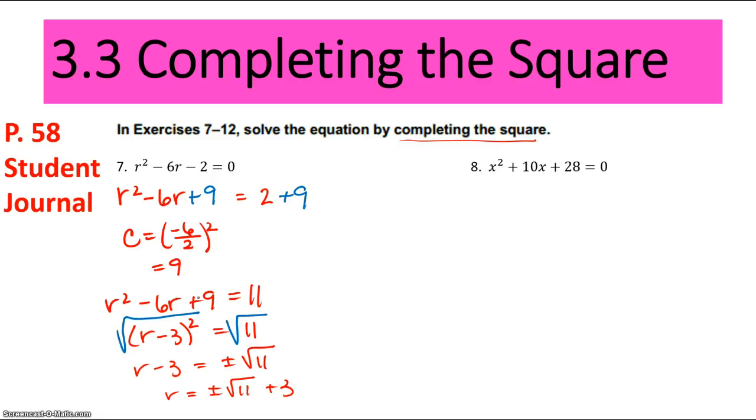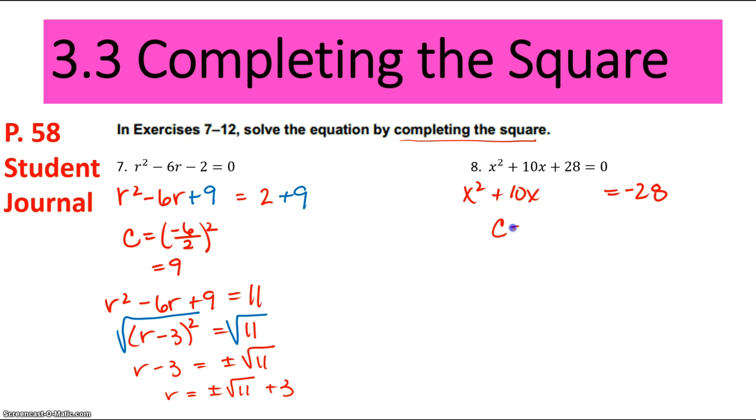Let's try again. On number 8, we start by leaving the a and b on one side, moving the 28 over to the other. So I would have x squared plus 10x equals 28. Oops, and that should be negative. Notice again I left that space. I'm going to figure out what that c term needs to be.